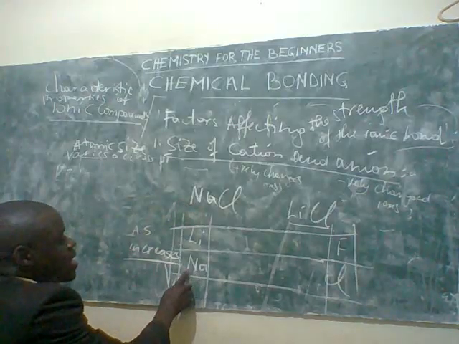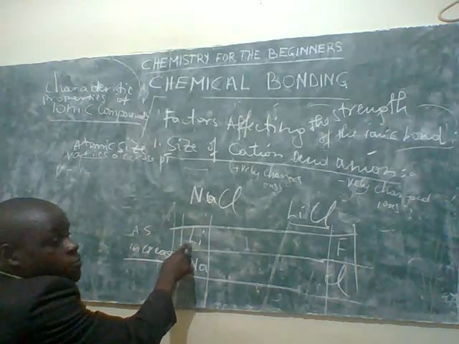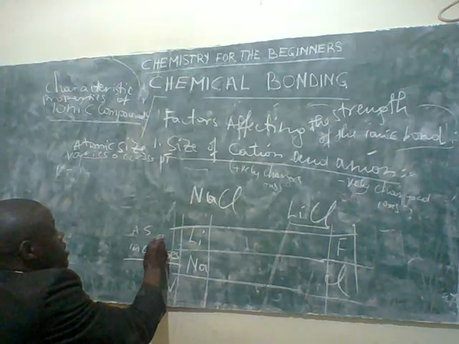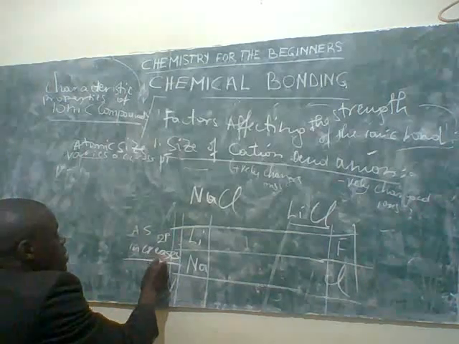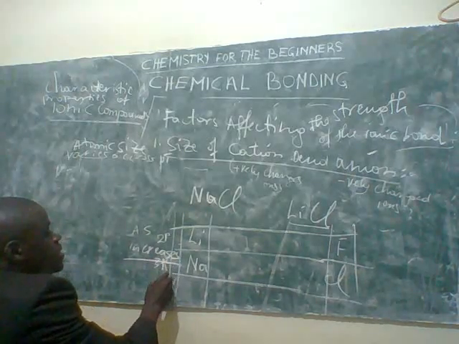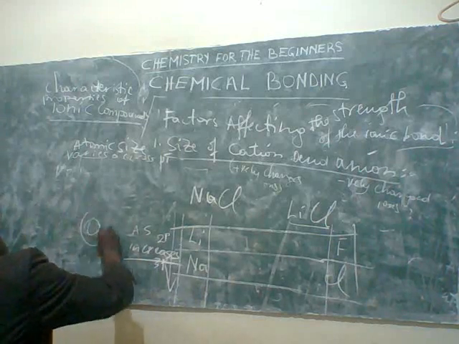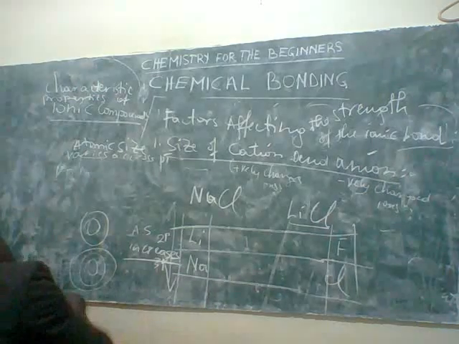Which means the atomic size of sodium is greater than the atomic size of lithium, because lithium is in the second period and sodium is in the third period, which means lithium has two shells and sodium has three shells.